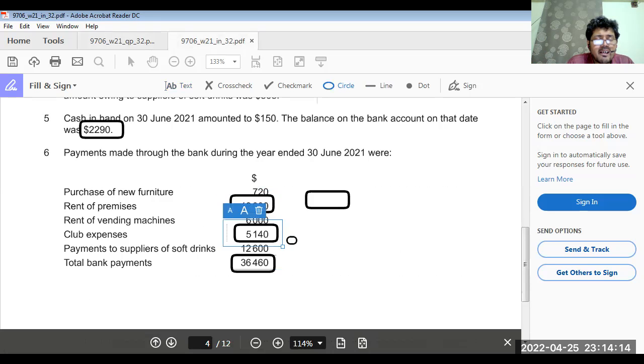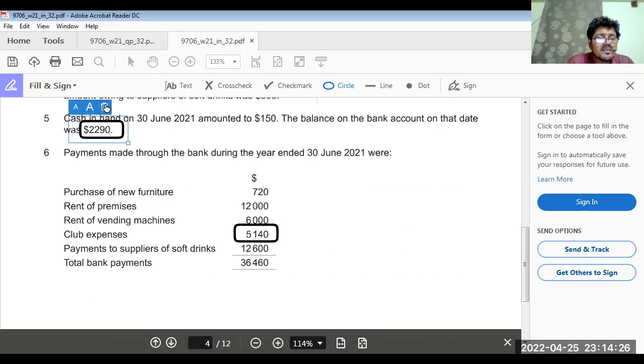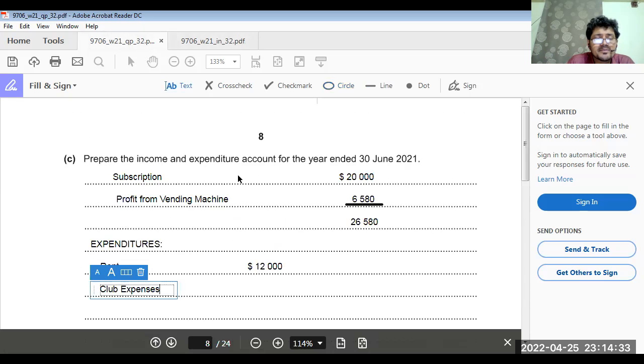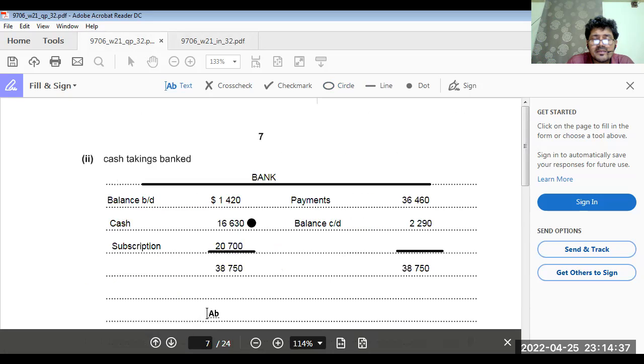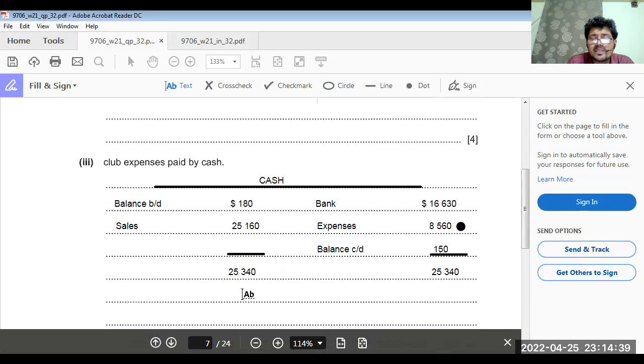5140. Okay. And allow me to delete all these things. 5140 we have paid, and 8,560 we paid from cash. This one. 8,560.